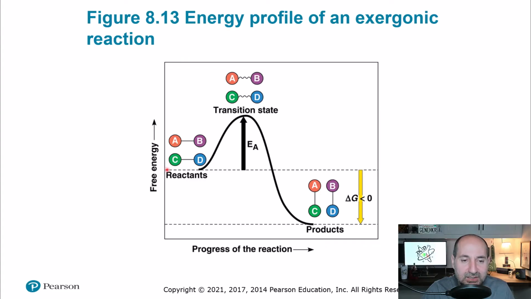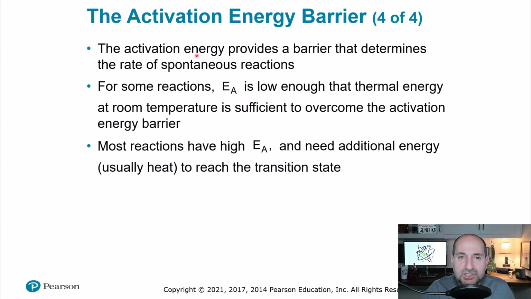So this is an example of an exergonic reaction. However, the speed bump in the middle is what's known as activation energy, the initial energy needed to push a chemical reaction forward. So the activation energy provides a barrier that determines the rate of a spontaneous reaction.